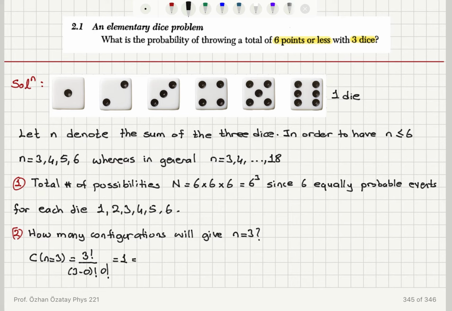So 3 dice, we're picking 3 of them, and they should each be 1. So that's the correct way to state it, and that is basically equal to 1. So we can say we're picking none or we're picking 3 of them. Those are equivalent statements. So what are these configurations?